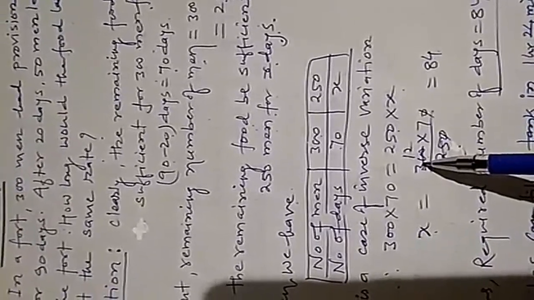When we divide 300 by 25, we get result 12. Therefore, 12 into 7 is equal 84. Hence, required number of days equal 24. Clear?